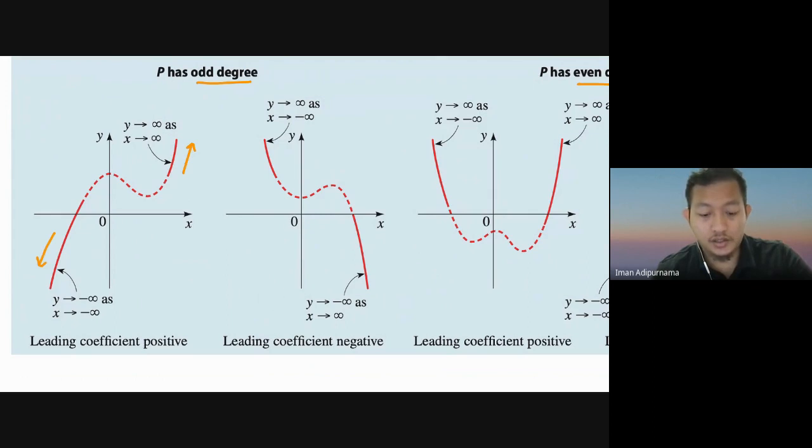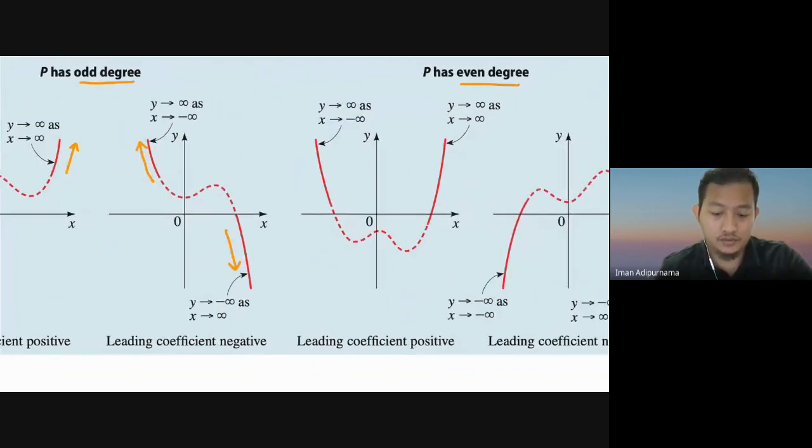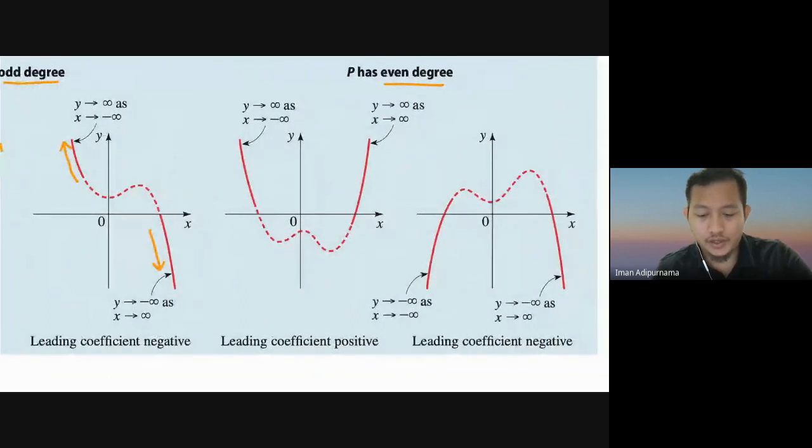You also have the mirror image. If you get here, it's going to have positive infinity as x goes negative, and going here, as x goes to positive infinity, the function will go down, negatively large. And if you have an even degree, you have both ends going the same way, going to positive infinity, both in y. Okay. And here you can go down. This is the mirror image.